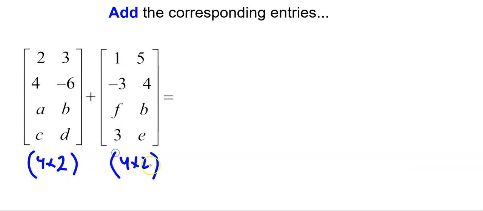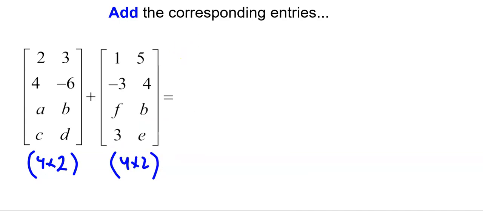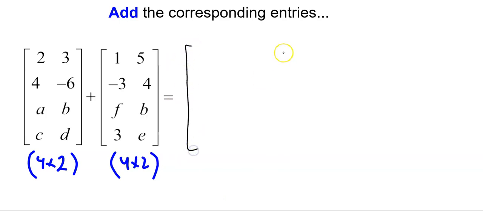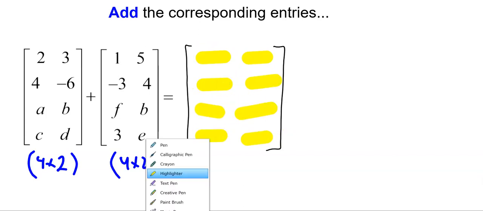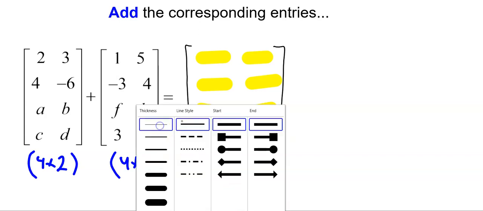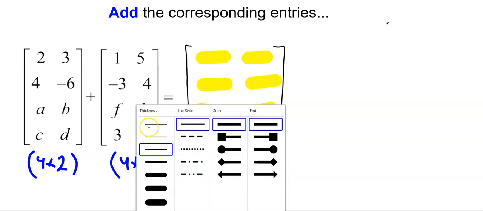To add 2 matrices, they have to be the same size. The dimensions of the answer are also going to be the same size, so it's going to be 4 by 2. I've just put spots in there where we're going to fill that in and get that.